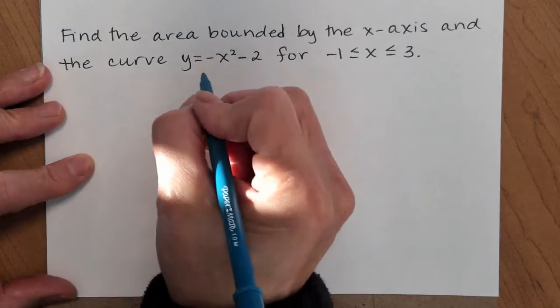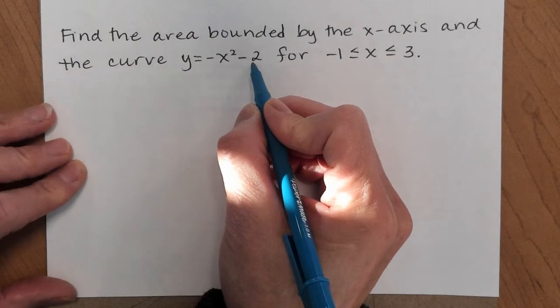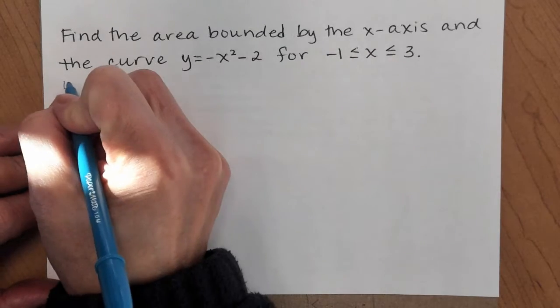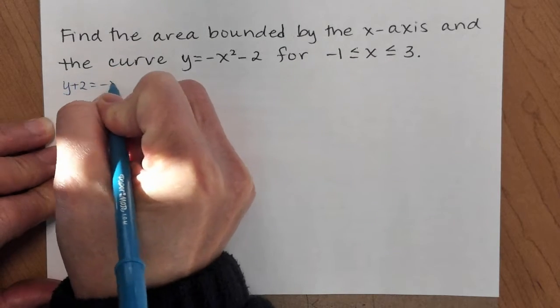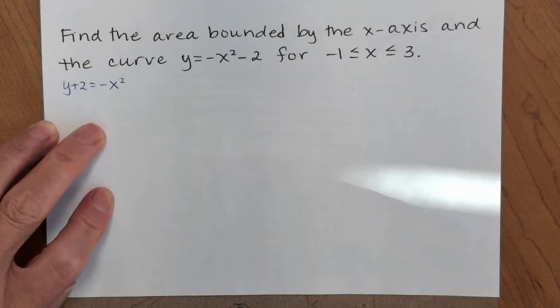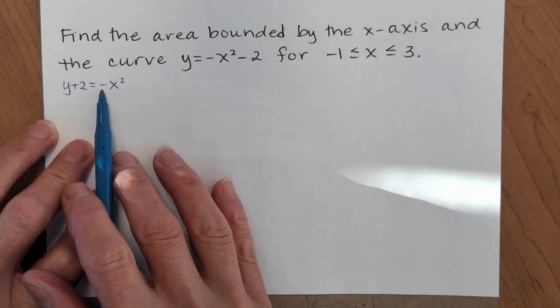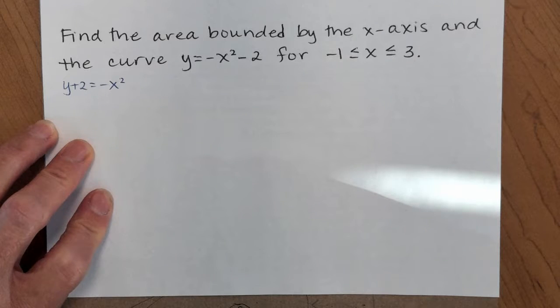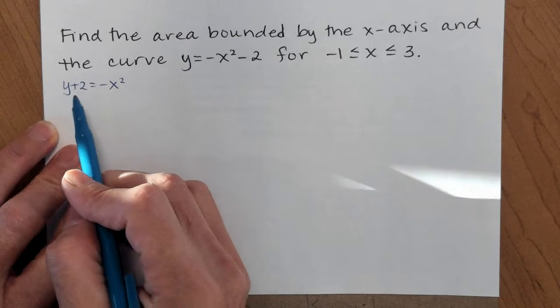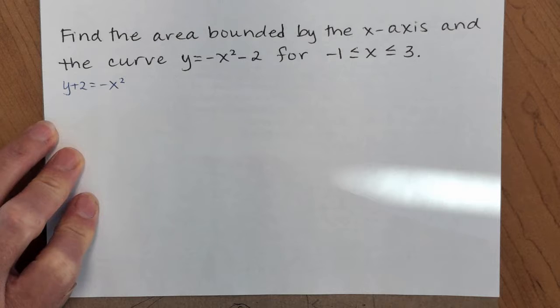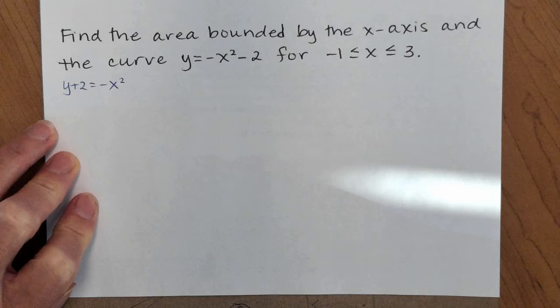So if we look at our curve, this is a parabola, and I'll kind of rewrite it and discuss the transformations. Negative x squared means that this is an upside down parabola. And the minus 2 means that my parabola is shifted down 2 units.